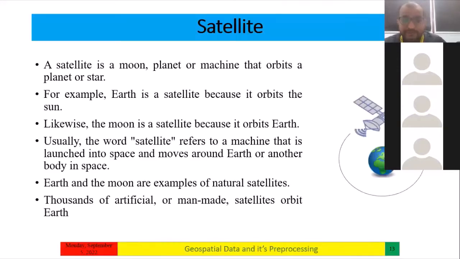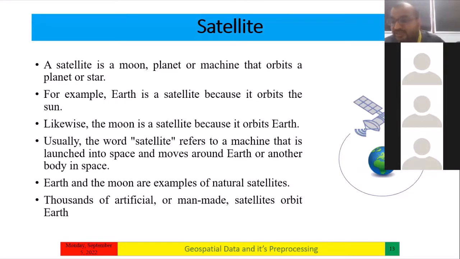So as I told you, in geospatial data we will talk about satellite imageries. A satellite is a moon, planet, or machine that orbits a planet or a star. So it could be any device revolving around any other object in space.